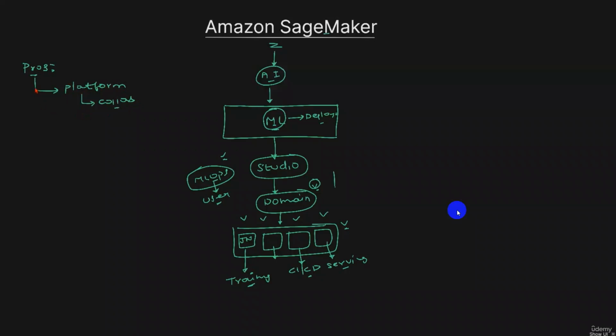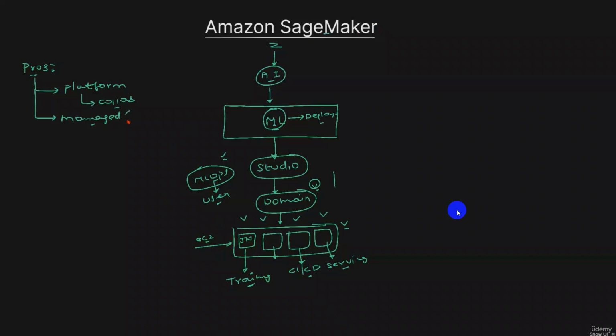Now the other advantage of SageMaker is that it's a completely managed platform. What does that mean? The infrastructure for these applications is completely managed by Amazon itself. For example, for training the model, data scientists can spin up a Jupyter Notebooks instance, which is, let's say, an EC2 instance where the required packages and setup like Jupyter Notebooks are installed.